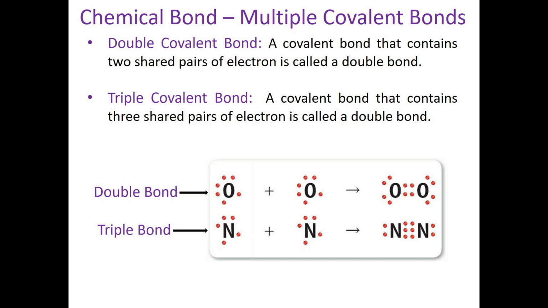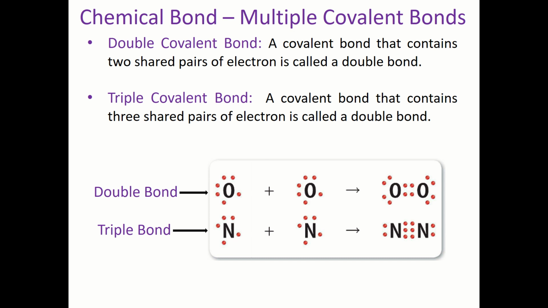A single covalent bond means that only one electron is being shared between the two atoms. A double covalent bond means we have two electrons that are being shared. And a triple covalent bond means we have three electrons that are being shared.